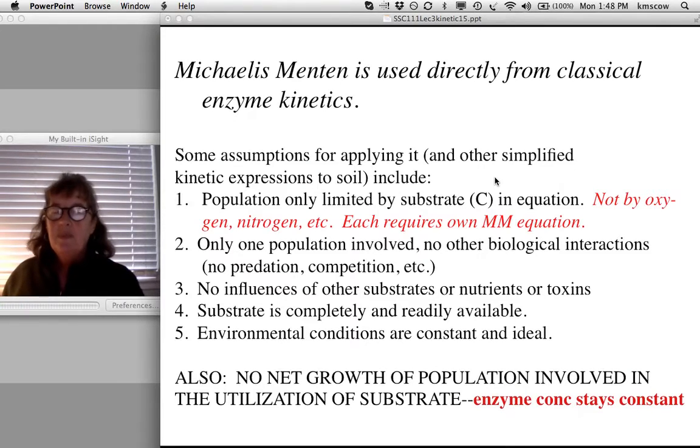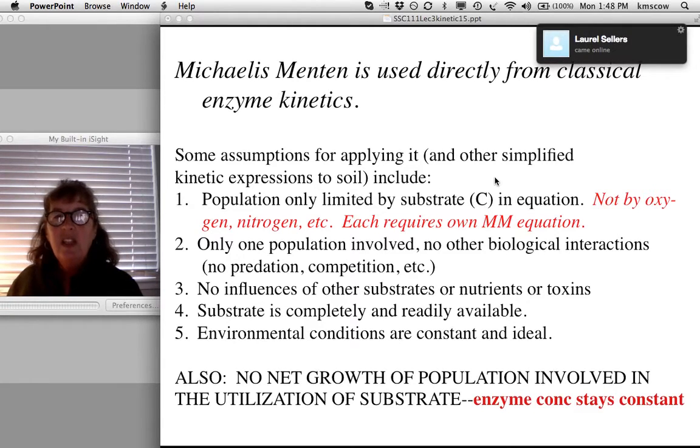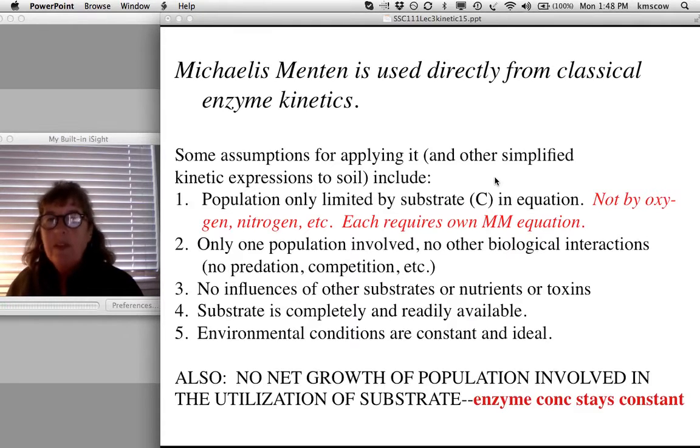Okay, so again, underscoring that there are a lot of assumptions in using the Michaelis-Menten expression. The population is limited only by the substrate in the equation. So think of all these other things that the organisms need to use that substrate. So it's not limited by oxygen, not limited by nitrogen, not limited by anything else. And each of those other types of nutrients that the organism needs could indeed be described by its own Michaelis-Menten equation.